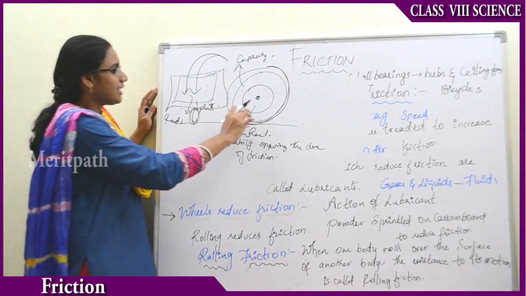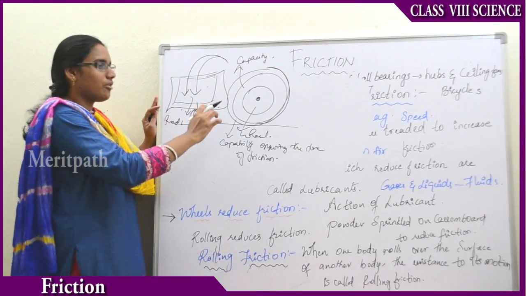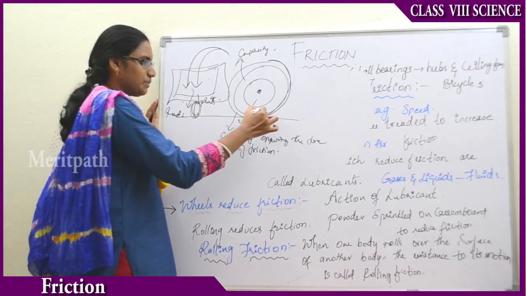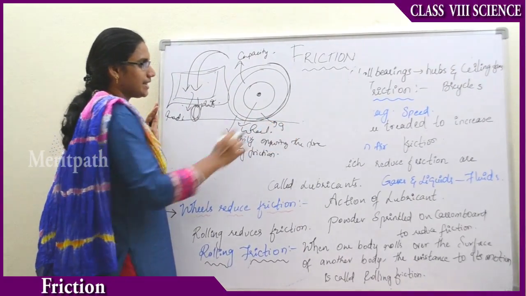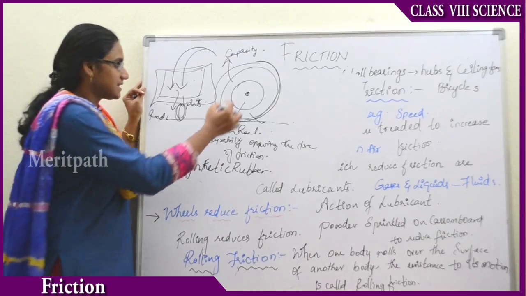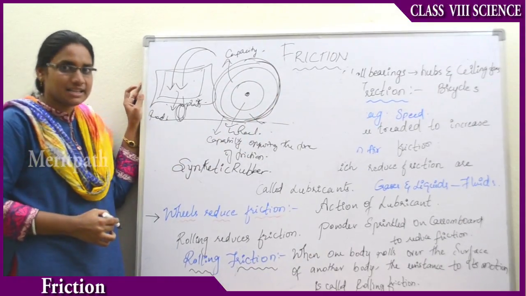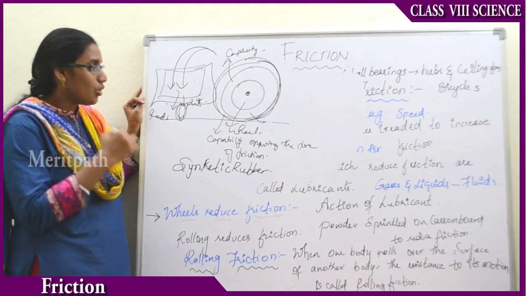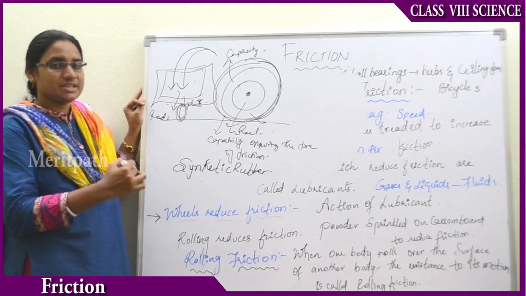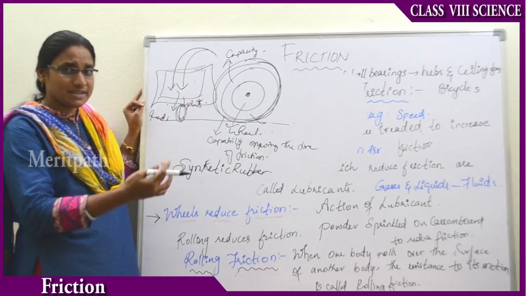Compared to these tires, which are made up of a good material such as nylon, I think. For example, let us take these tires, which are made up of a highly resistant material having more strength in order to reduce the frictional opposition.